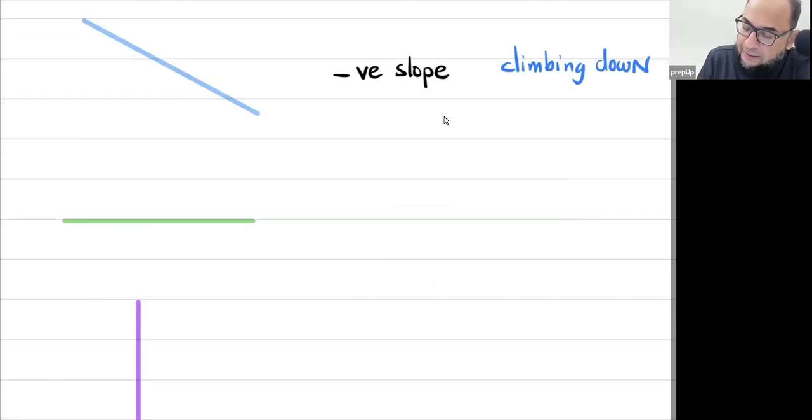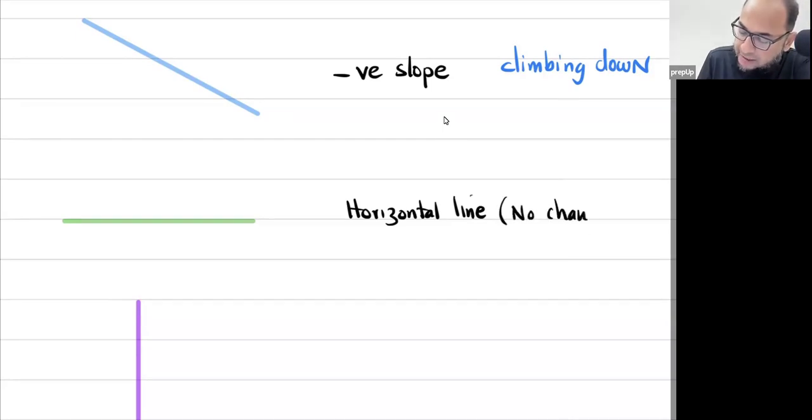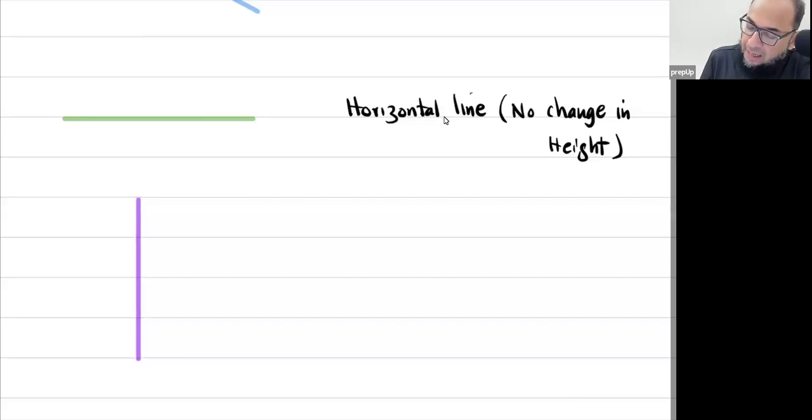The green line, it's a horizontal line. There is no change in height. And this is a vertical line.